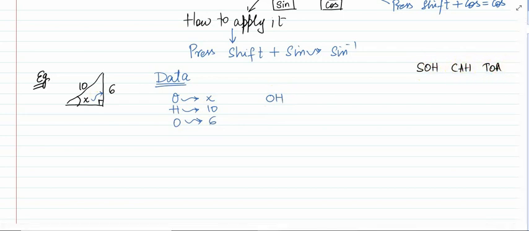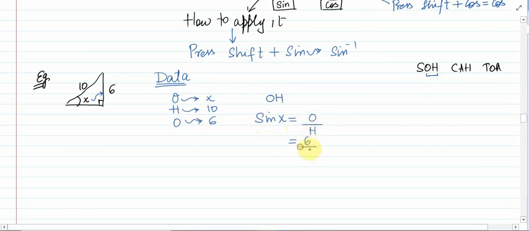You need to write it down on every page so that you can learn it easily. O or H comes in sine, that's why I am going to apply sine here.